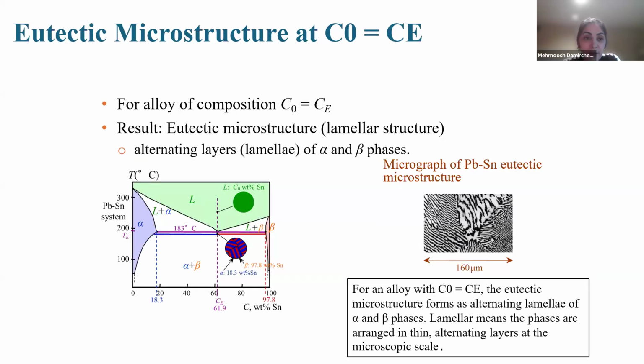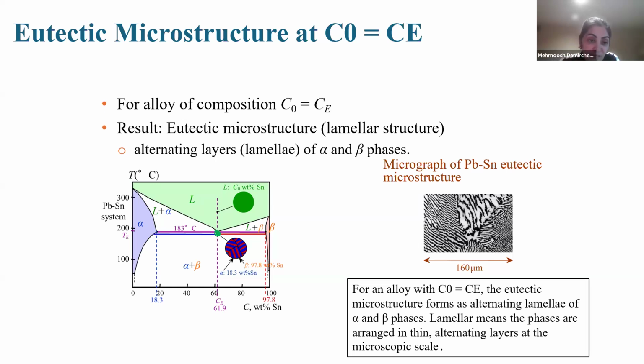Okay. Another, this is the eutectic point, means above that temperature we have 100% liquid, and below that we have 100% solid. But in the solid, we have two phases, alpha and beta. At the eutectic composition, solidification produces lamellar structures, means layer by layer.